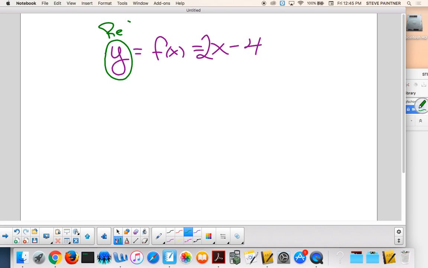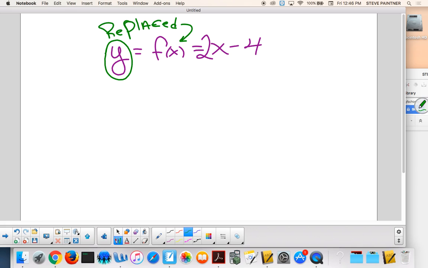F of x. That's called f of x. That's how you say it. If I cover this up, you have to think of f of x as what? Which is y. That's all it is. So f of x is equal to y.